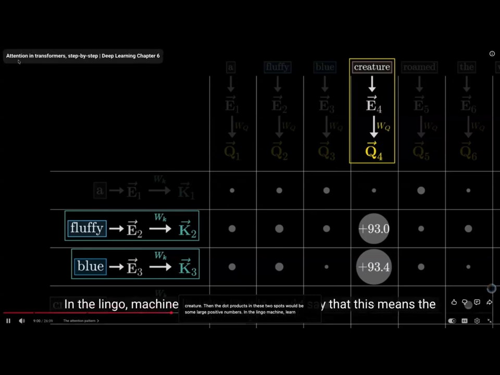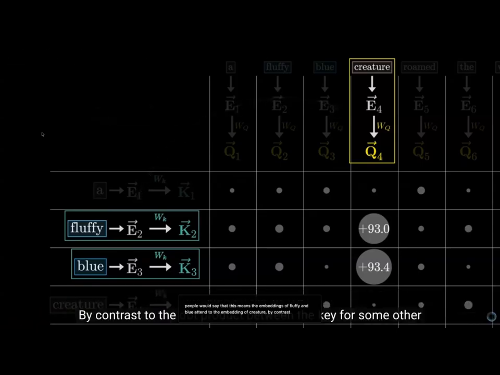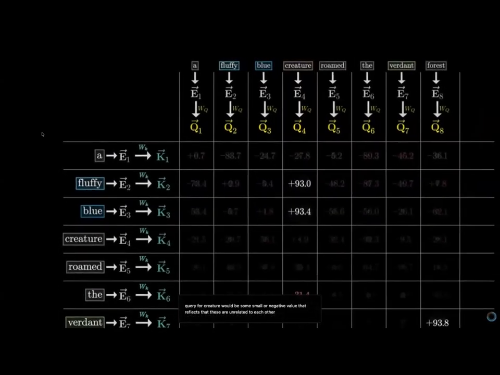In the lingo, machine learning people would say that this means the embeddings of fluffy and blue attend to the embedding of creature. By contrast, the dot product between the key for some other word, like the, and the query for creature would be some small or negative value that reflects that these are unrelated to each other.